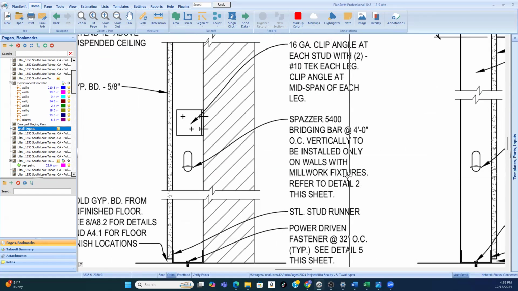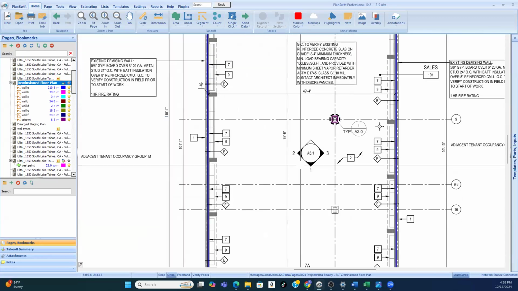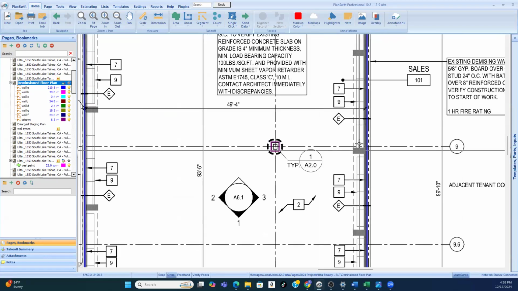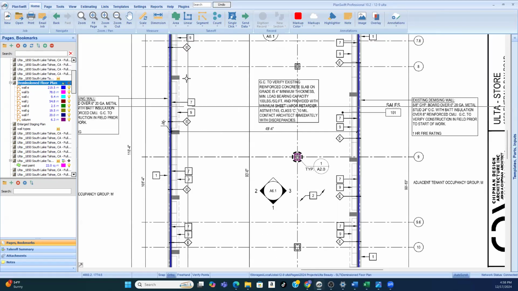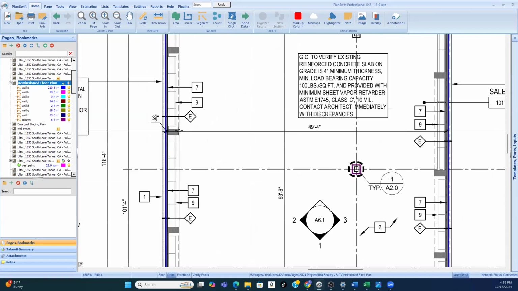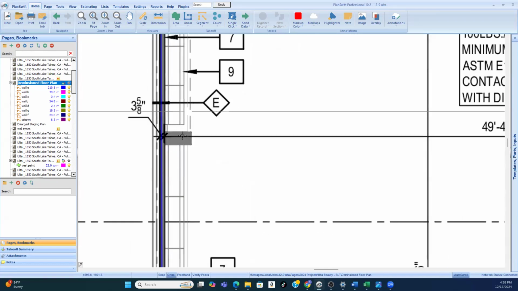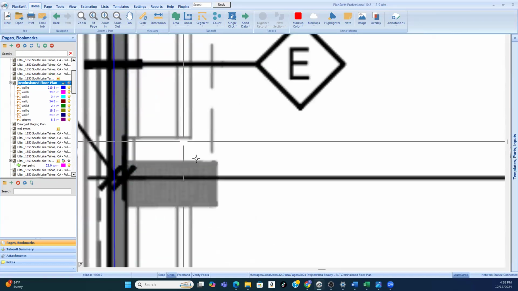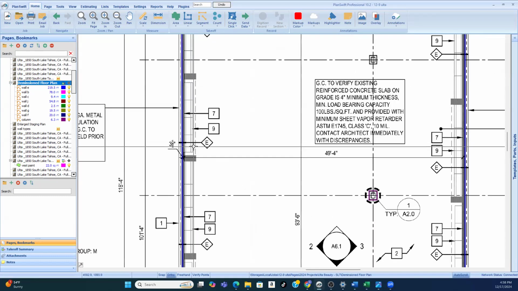Does part of my wall E have millwork? Millwork is all of this stuff. And so you're going to measure how many linear feet. It starts here and it ends there. And now I know it's got to be 4 feet above finished floor. So that's my bridging for all of that.